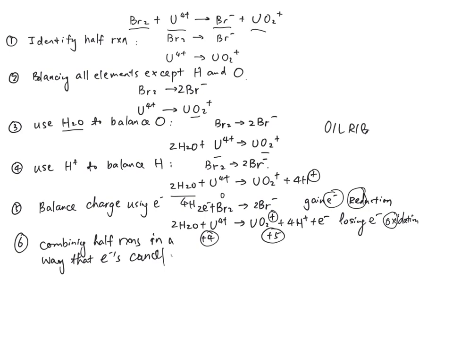But how do I make them equal, though? Because if you look at our example here, on the reduction reaction, you're gaining 2. On the oxidation half reaction, you're only losing 1. Now, can I make it lose 2? No, you can't. Because if you add a 2 for your electrons here, your charge is not going to be balanced.